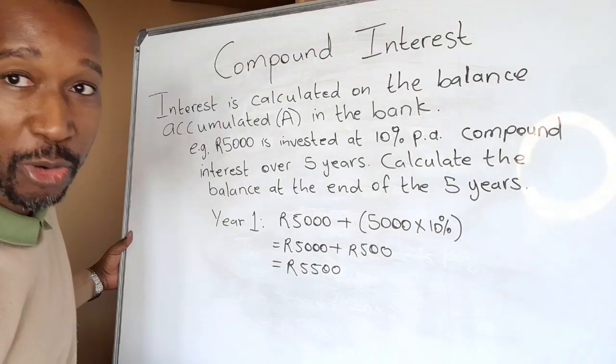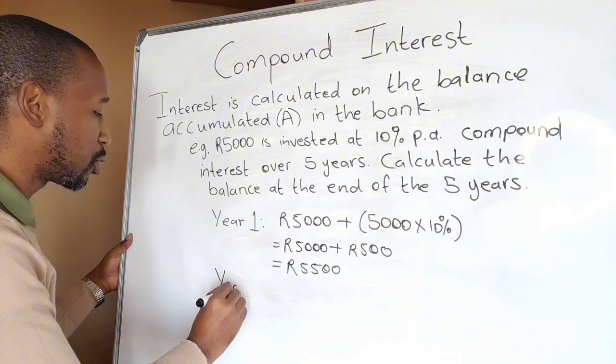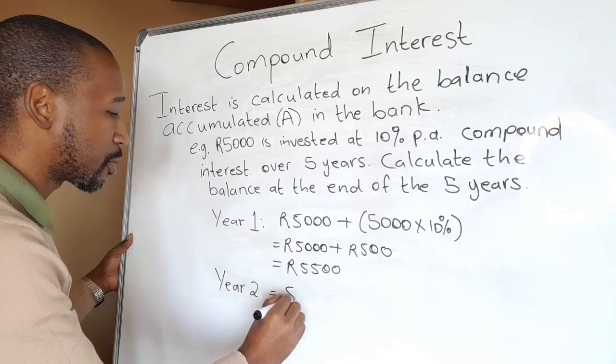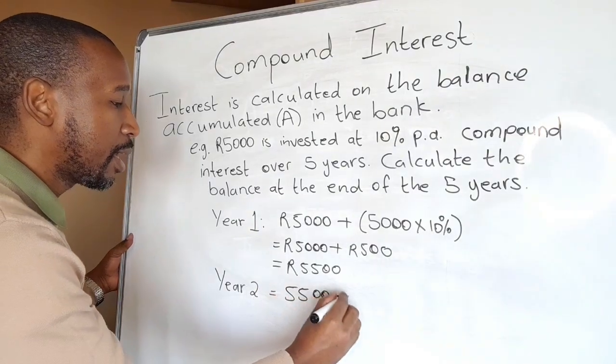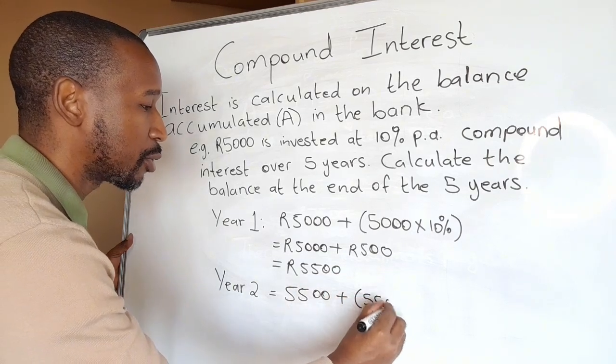Now let's go into the compounding issue. It means that when we get to year 2, we are now considering the balance that is already here. And then we are going to take 10% of the balance. Again, let me first show it.